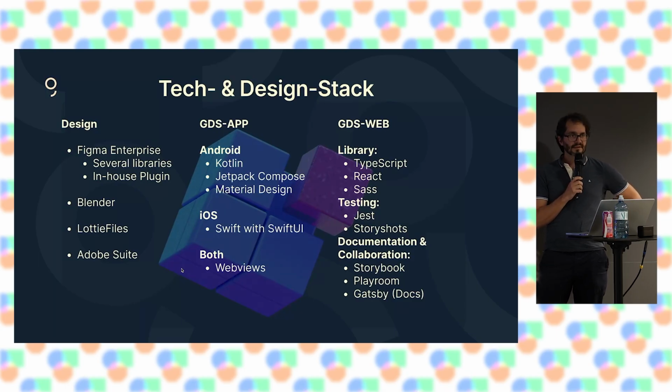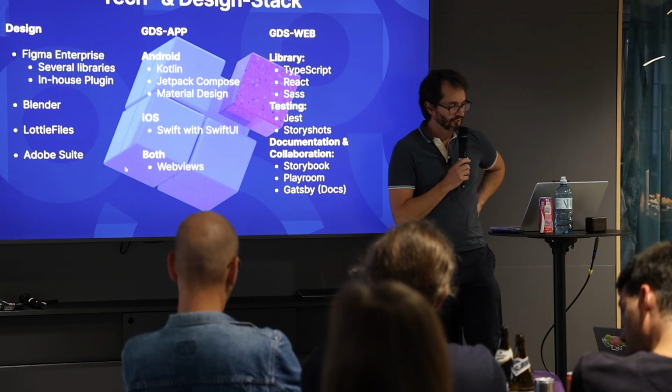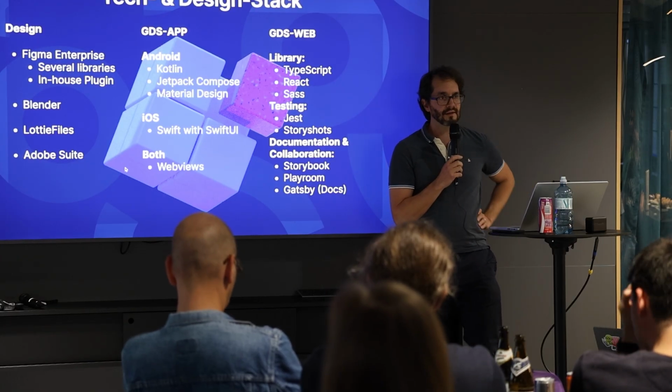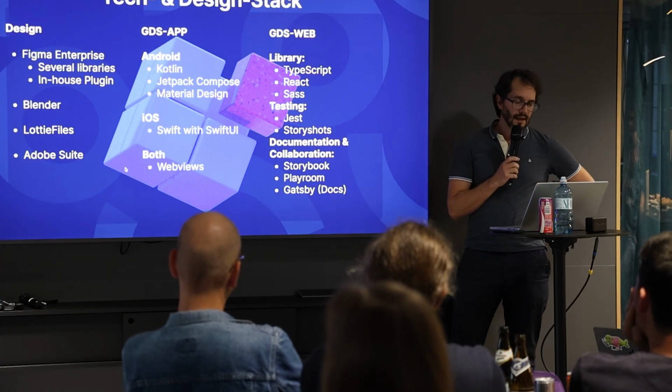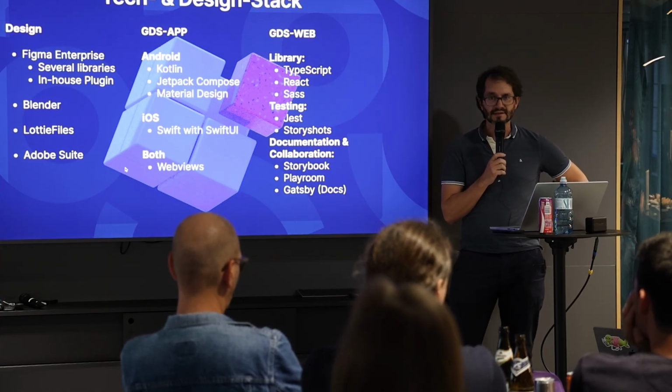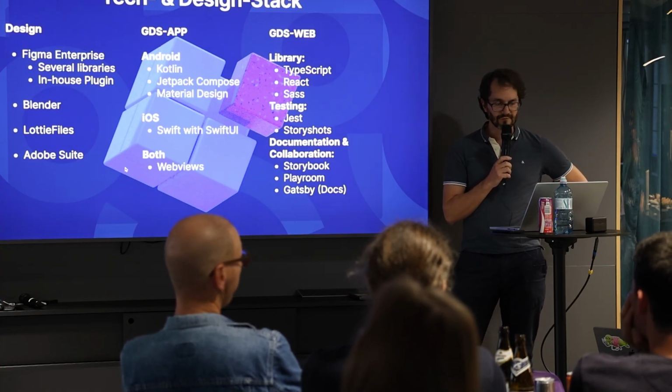We use several design system libraries and libraries for the feature teams. We have a small in-house Figma plugin for design ops stuff. For 3D animations and illustrations, we use Blender. For vector animations, we use Lottie files. And yes, occasionally still some Adobe Suite stuff.